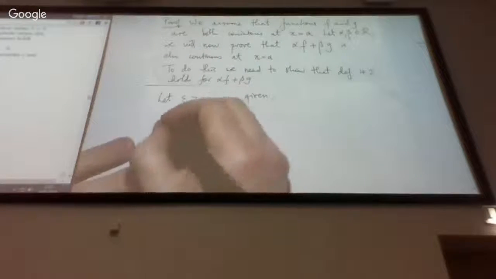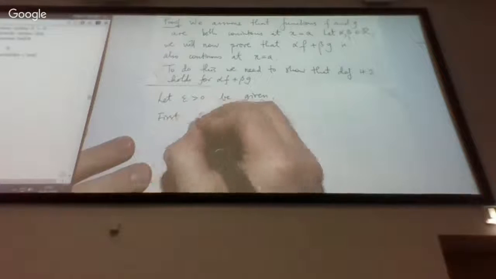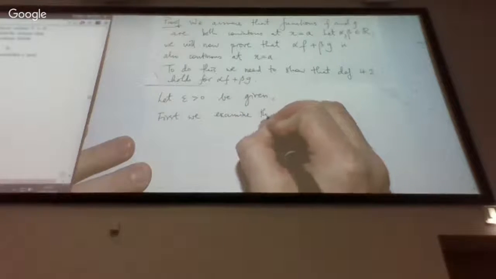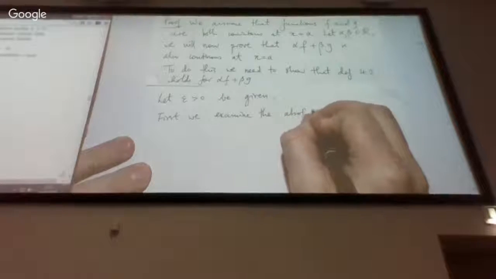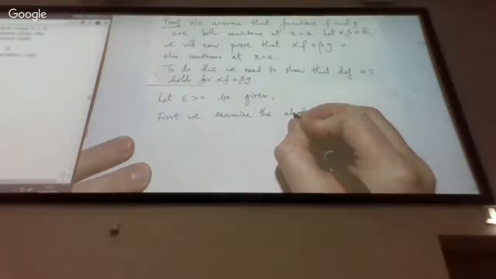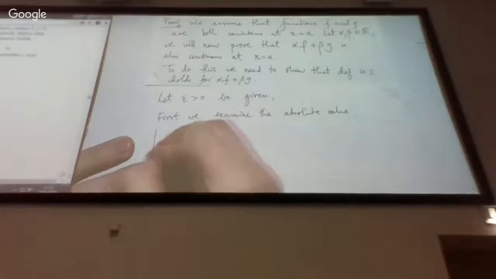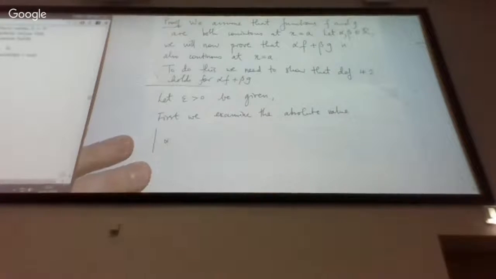Okay? So first we examine the absolute value. What absolute value appears on the right-hand side of the implication? The absolute value of the function, f of x minus the value of the function at the base point a.